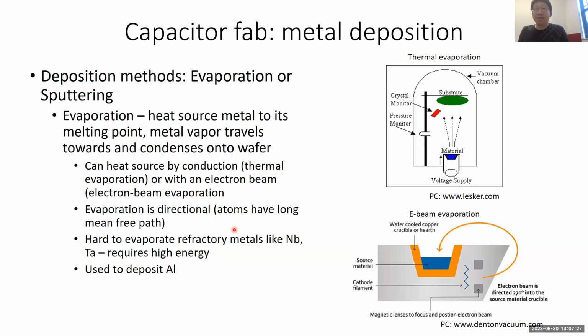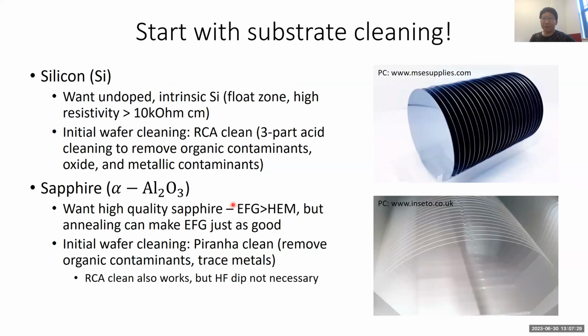Okay, Suhas, before you move on from substrates, there are a few questions on that. Sure. So one is, why do you need high resistive silicon wafer? Right. So generally, it seems to be the case that silicon with high conductivity or low resistivity ends up being lower loss.